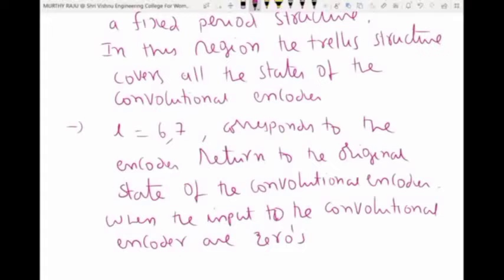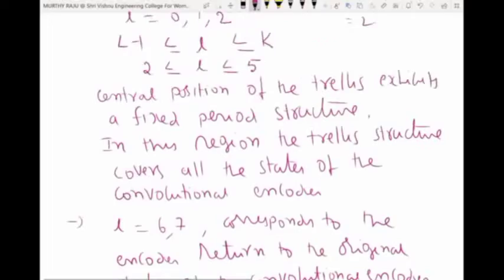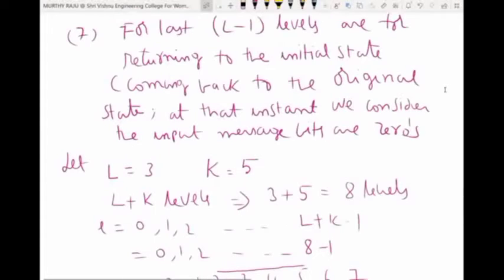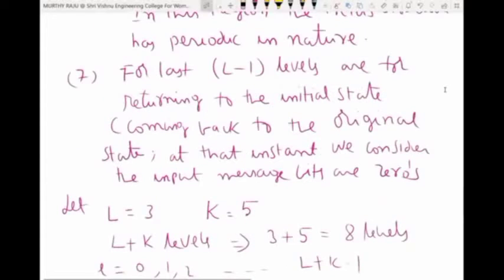In this algorithm, the trellis structure has L plus K levels, where L is called the constraint length of the convolutional encoder, and K is called the input message sequence length.